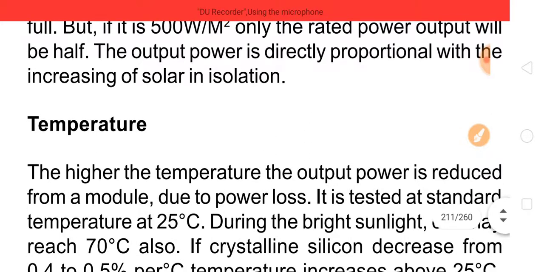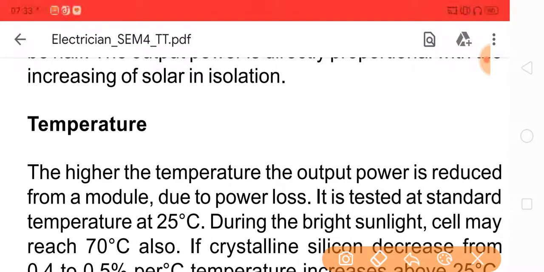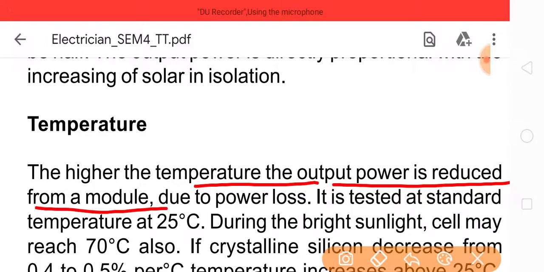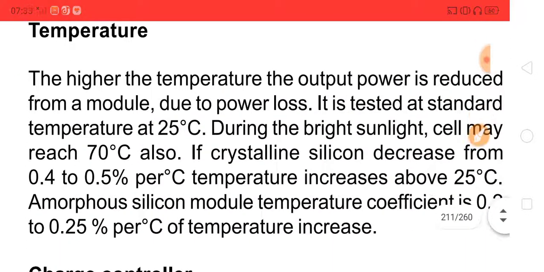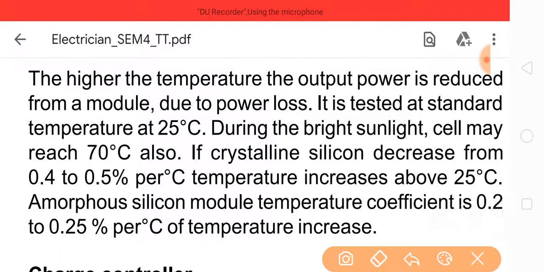Temperature: the higher the temperature, the more the output power from a module is reduced due to power loss. It is tested at a standard temperature of 25 degrees Celsius. During bright sunlight, cells may reach 30, that is, even 70 degrees Celsius.